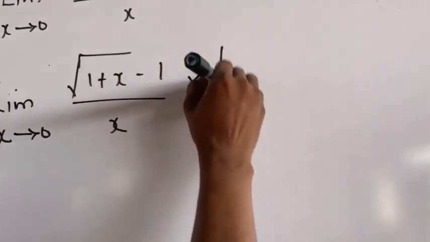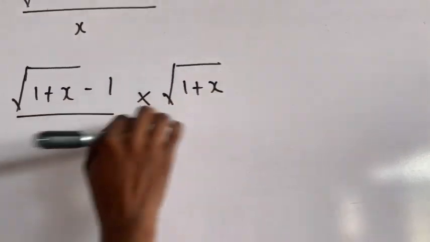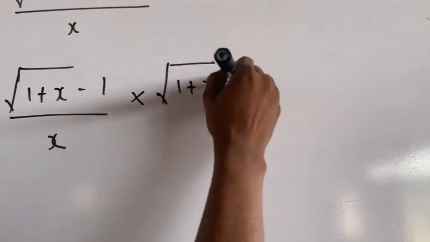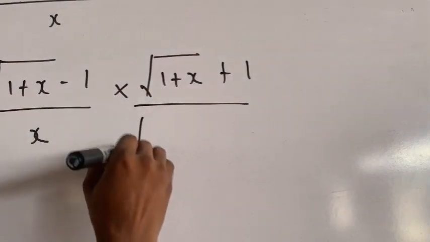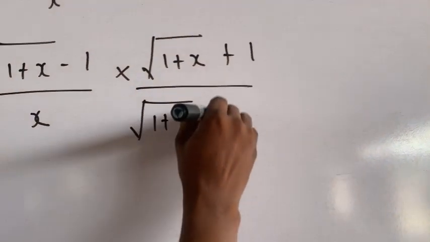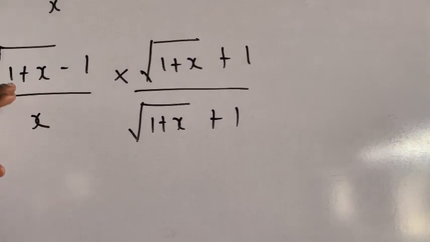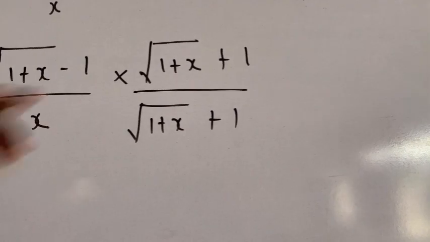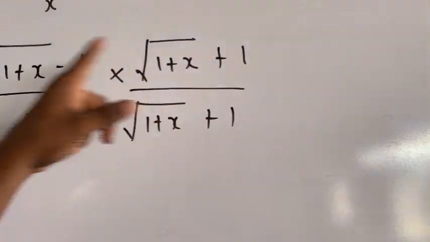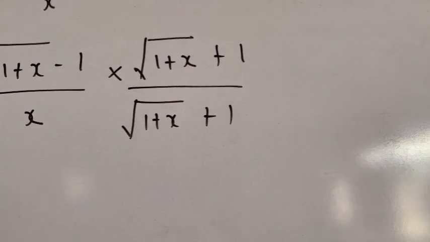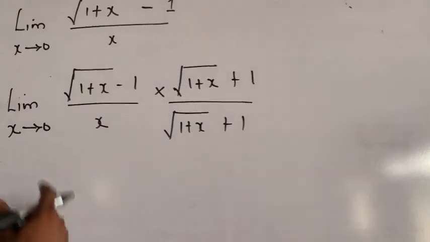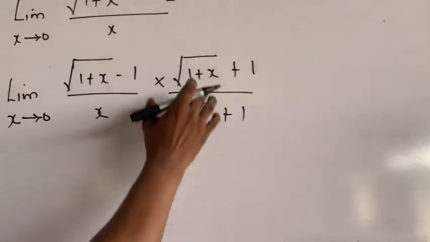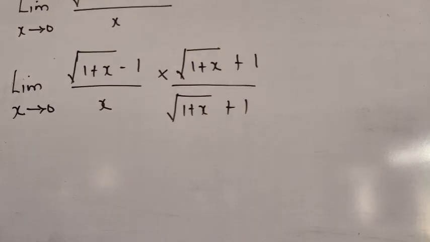This will give me root 1 plus x, and instead of having minus, we are now having plus 1: root 1 plus x plus 1. So the conjugate of root 1 plus x minus 1 is root 1 plus x plus 1. Minus becomes plus. By doing so, we rationalize. So use that conjugate to multiply the numerator and the denominator.